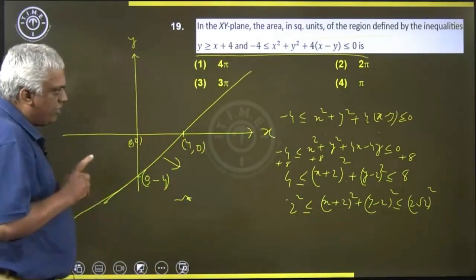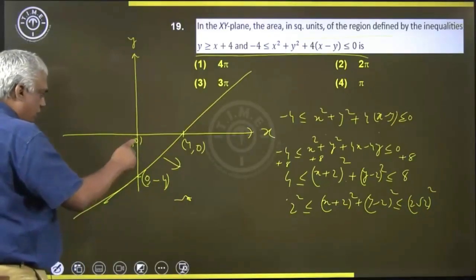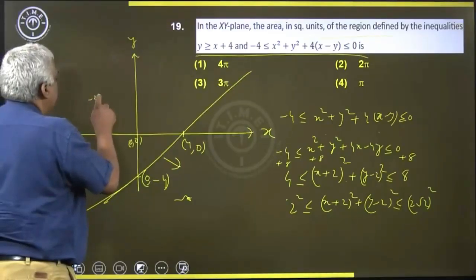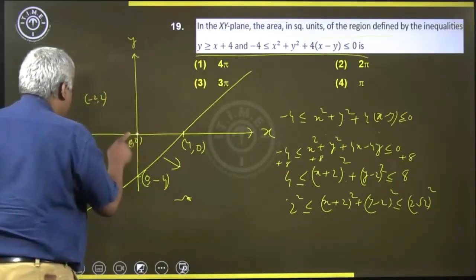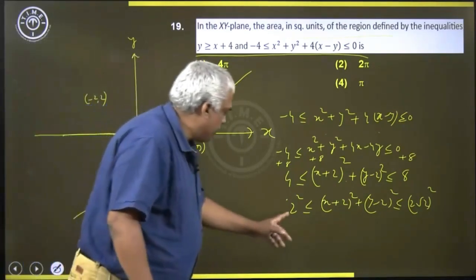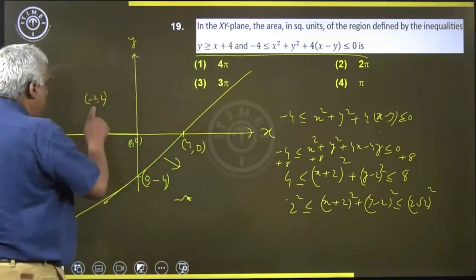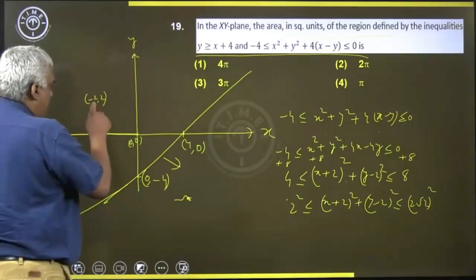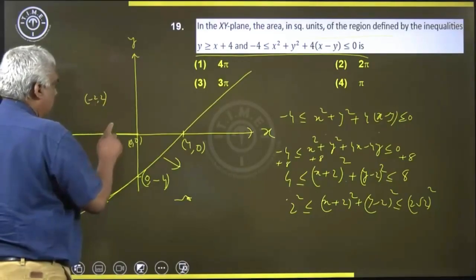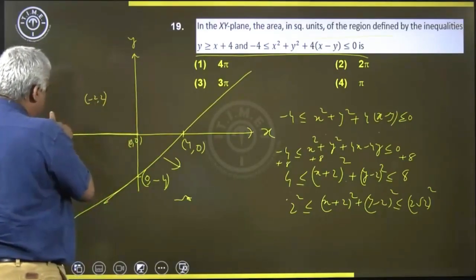So the center is minus 2 comma 2, somewhere here, okay. One circle has radius 2, so the circle will touch here and here, right. So it is like this.